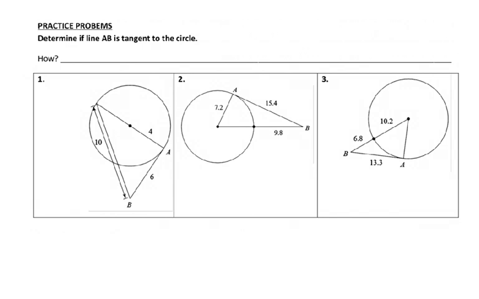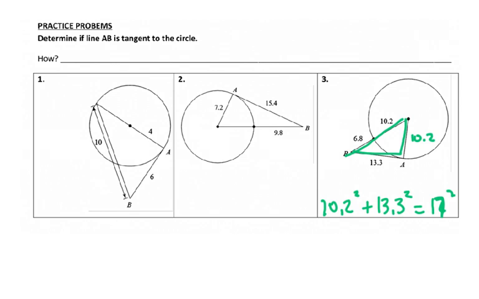Okay, number 3. Looking at your picture, this is 10.2, so this has to be 10.2 right there. You have to look for things that you're told without it being very blatant, so make sure you're watching for that. So I'm going to have 10.2 squared plus 13.3 squared. Question, is that equal to 17 squared?